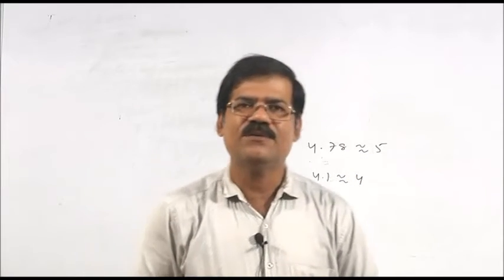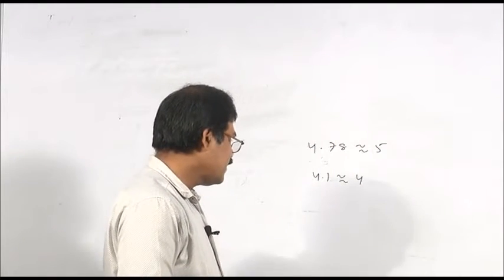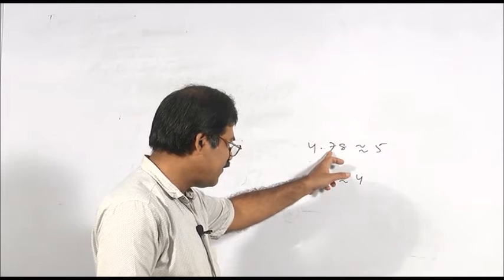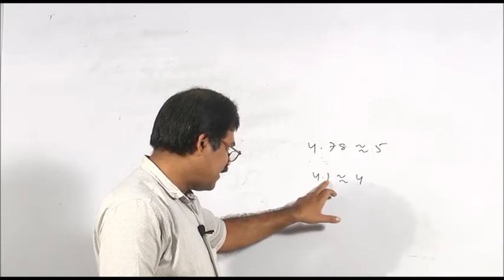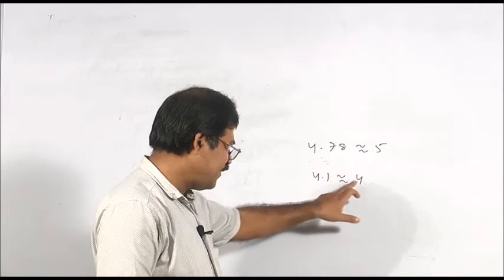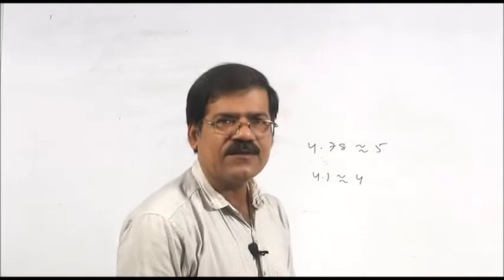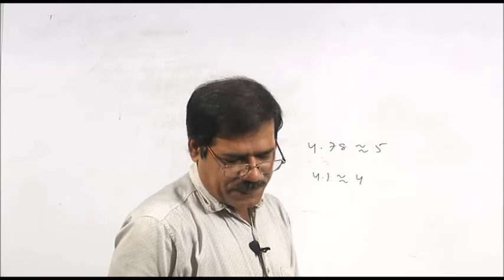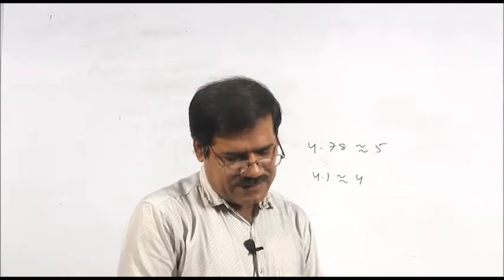You have to round a particular decimal number to an integer. If the value after the decimal point is greater than or equal to 5, the next number will be written. If it is less than 5, the number that is there will be written. So round is a function that rounds particular numbers.